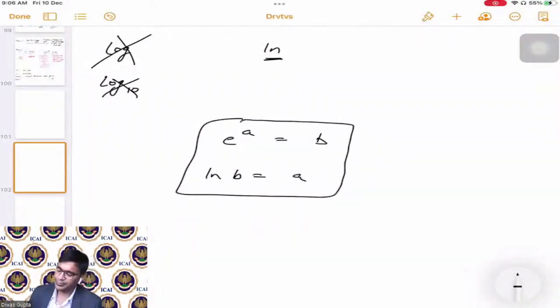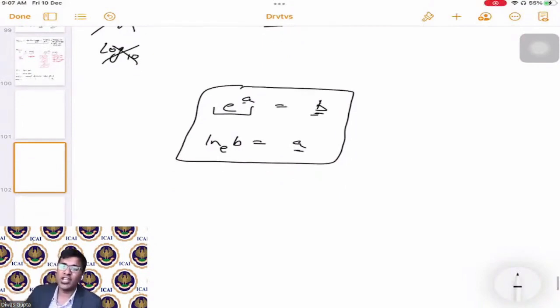Are you getting my point? This natural log means the log base is E. So in case you have to find A, you can find it through the natural log of B. Simple, correct? Nothing to worry about in this.